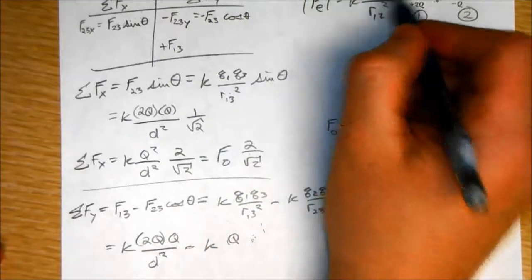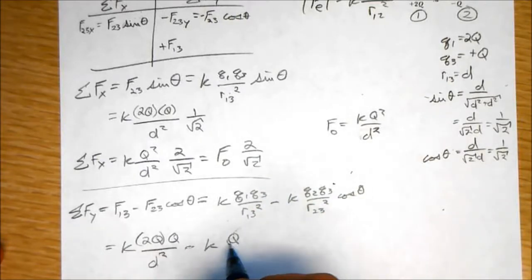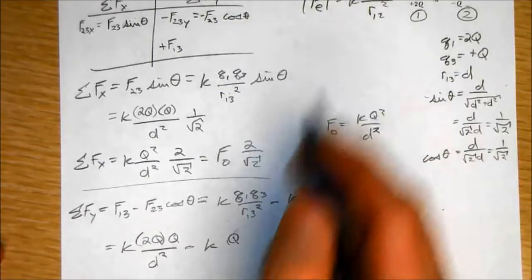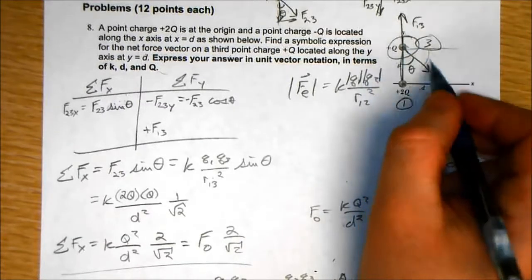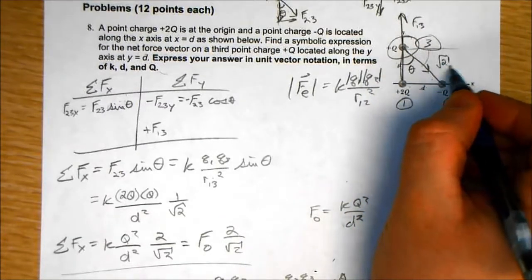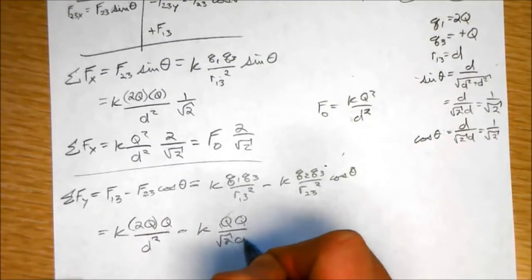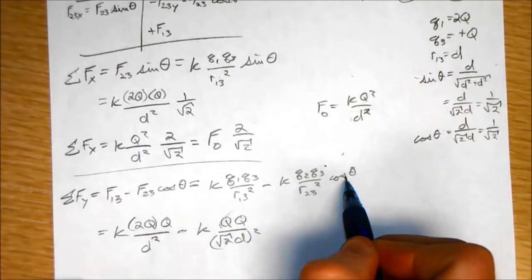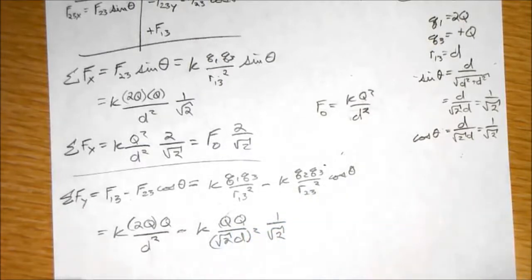So the magnitude, according to Coulomb's law, is just going to depend on the magnitude of the charges. So that's Q times Q3, which is also Q, over the distance between the two, which now you remember is root 2 D, squared. Now we have to put in this cosine of theta term. That's 1 over root 2.